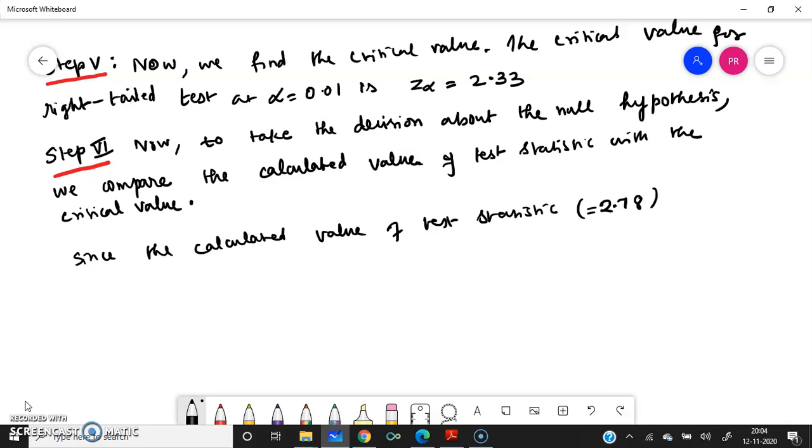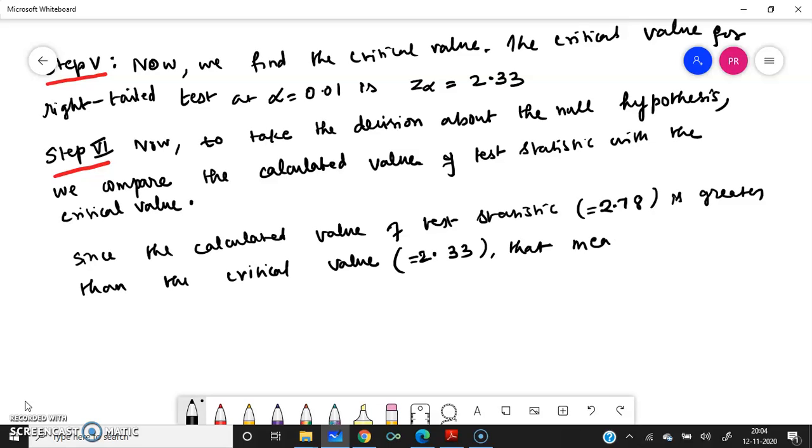This is our calculated value, which is greater than the critical value. What is the critical value? This is from the table. The critical value we got from the table is 2.33, right?